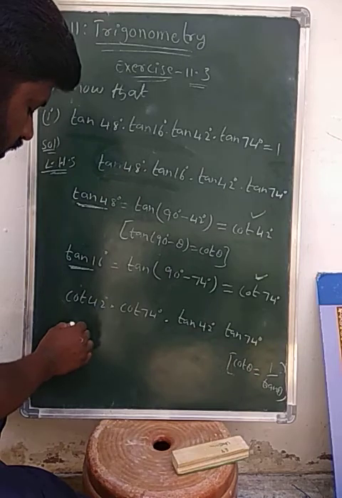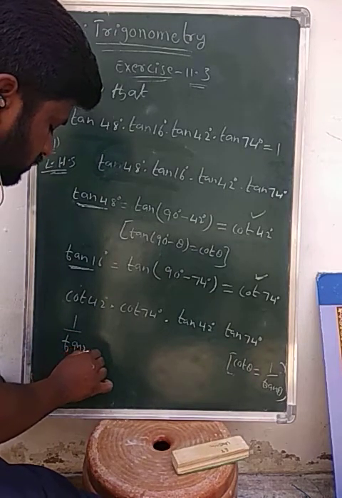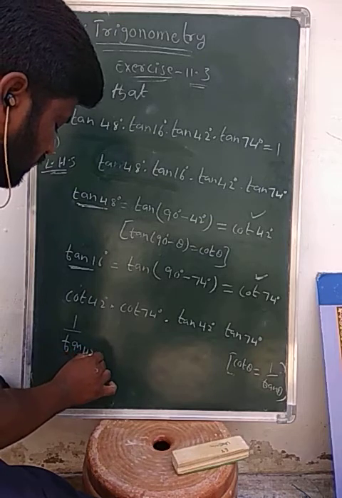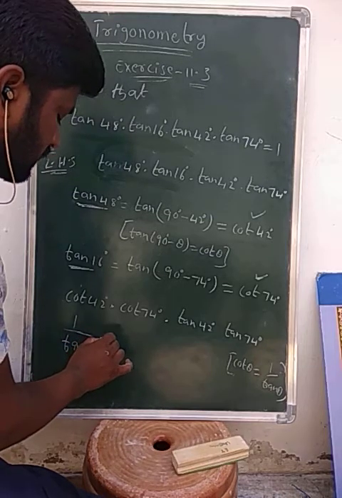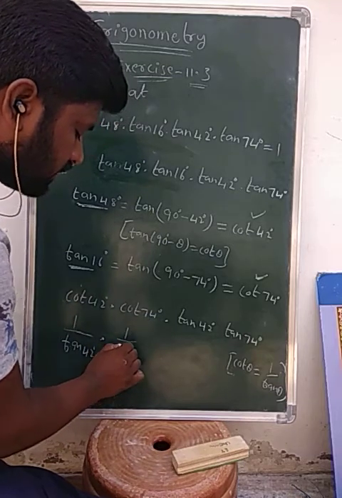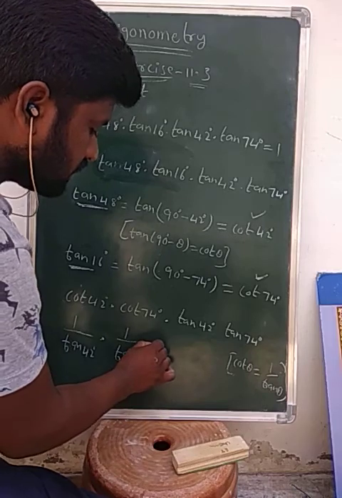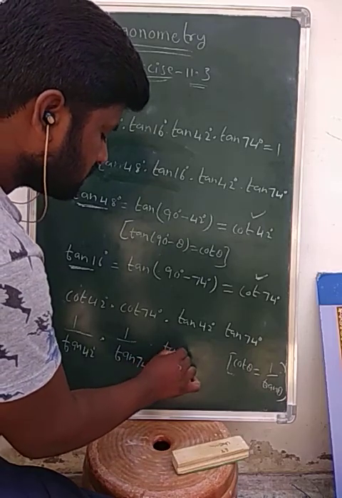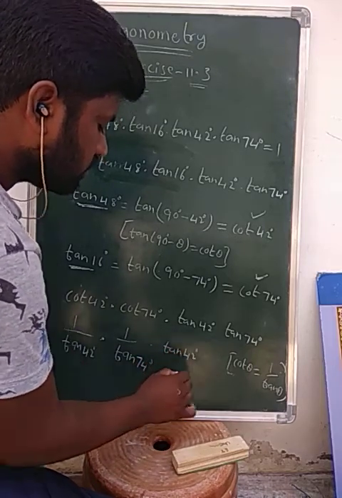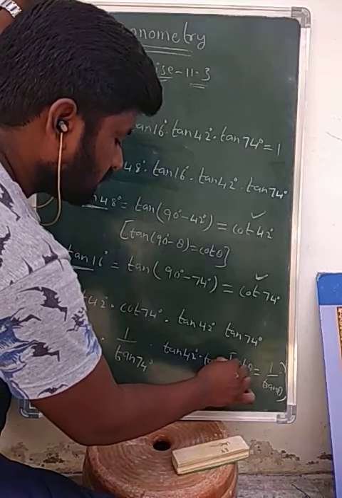So here cot 42 means we can write it as 1 by tan 42 degrees, into cot 74 means 1 by tan 74 degrees, into tan 42 means tan 42 only and tan 74 means tan 74 only.